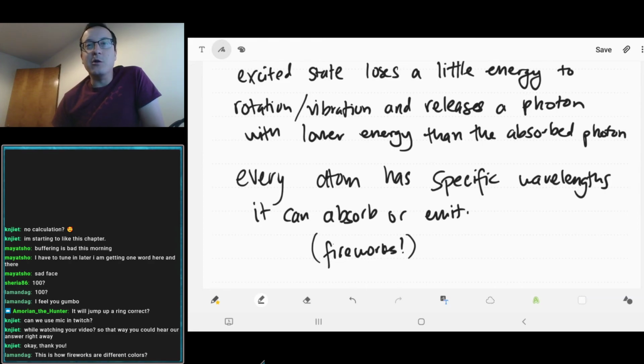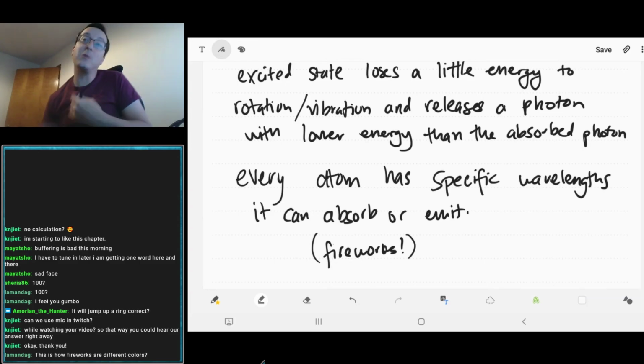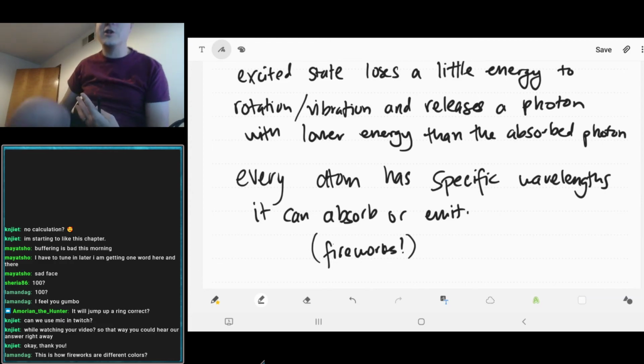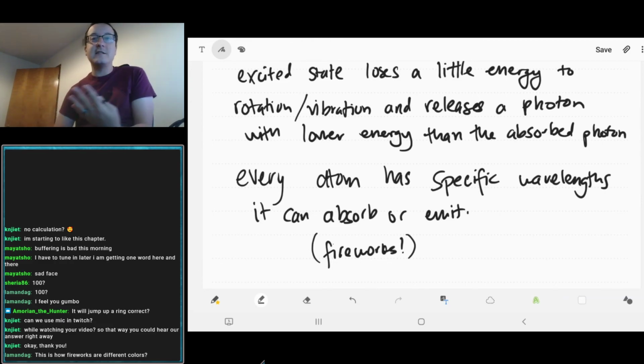You just have normal blue fire because there's not any sodium in there. However, if you sprinkle some salt or some baking soda on it, you'll see that it will turn that yellow or orange color, because that sodium has very specific emission spectrum lines.